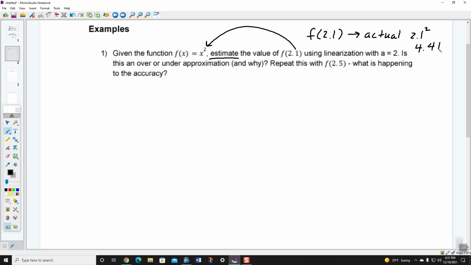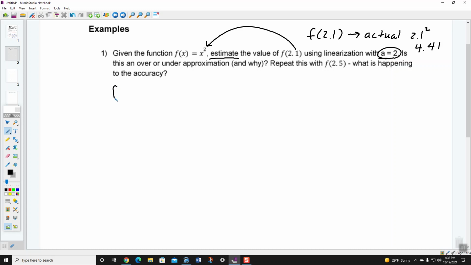Now the idea here is use your local linearization right here to come up with an approximation of that using linearization where our a value is 2. We are saying use that tangent line approximation around 2 such that we can get an idea of what f of 2.1 would be without having to plug it in. So here we go. It says, is this an overestimate or an underestimate approximation and why? Well, let's do the first part right there.